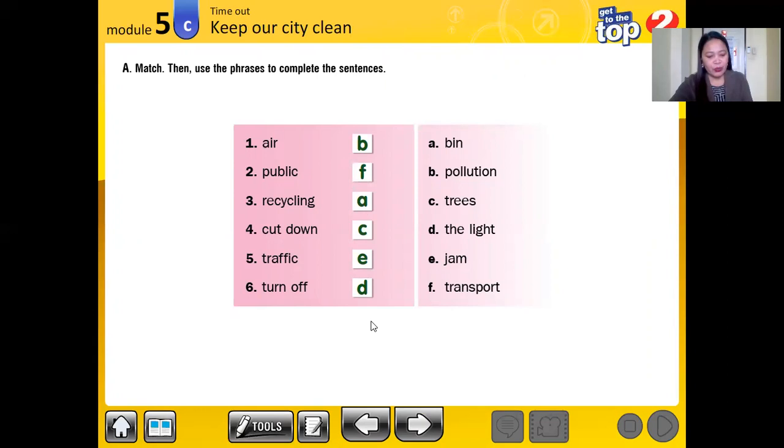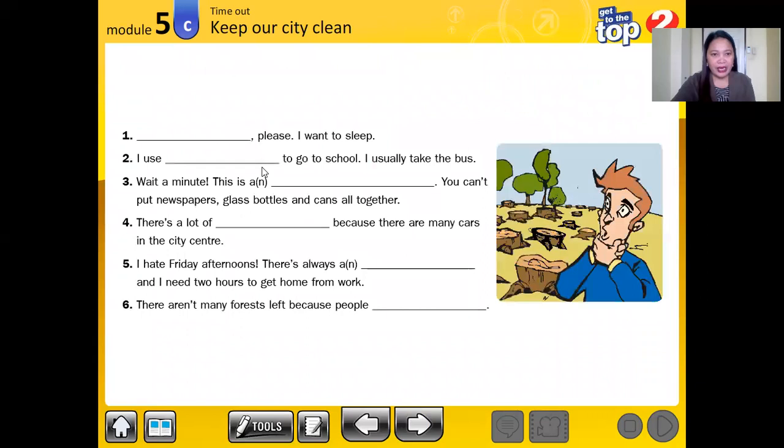Okay, so with these phrases, we are going to answer activity 1 to 6.